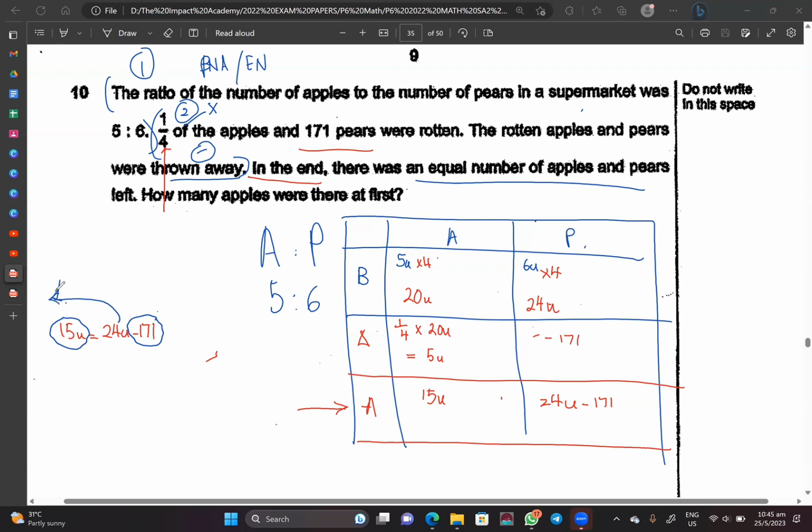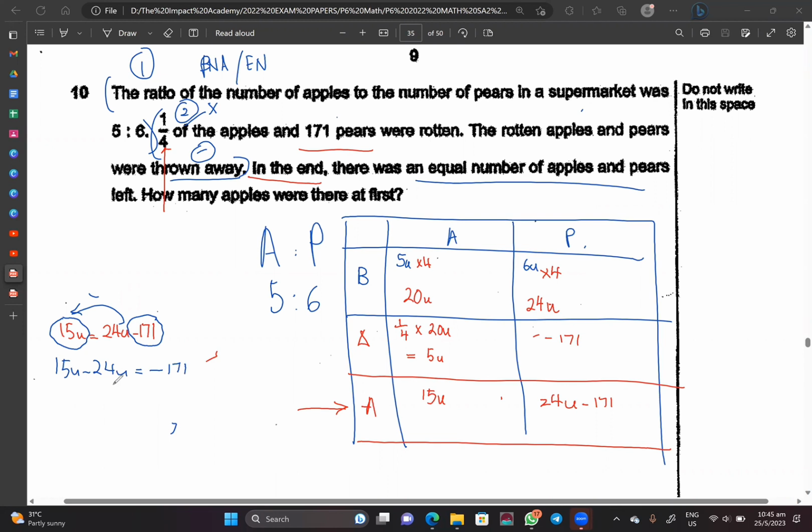And when I bring 24 over, because 24 is positive, you agree so far? In math, if you see that a number does not have any plus sign, it doesn't mean that it's negative. It means that it is positive. You understand? So as you can see over here, 24, I bring it over, so I have to minus, isn't it? So what I always tell my students is that you have to write down those that you have circled. So 15 units minus 24 units is equal to minus 171.